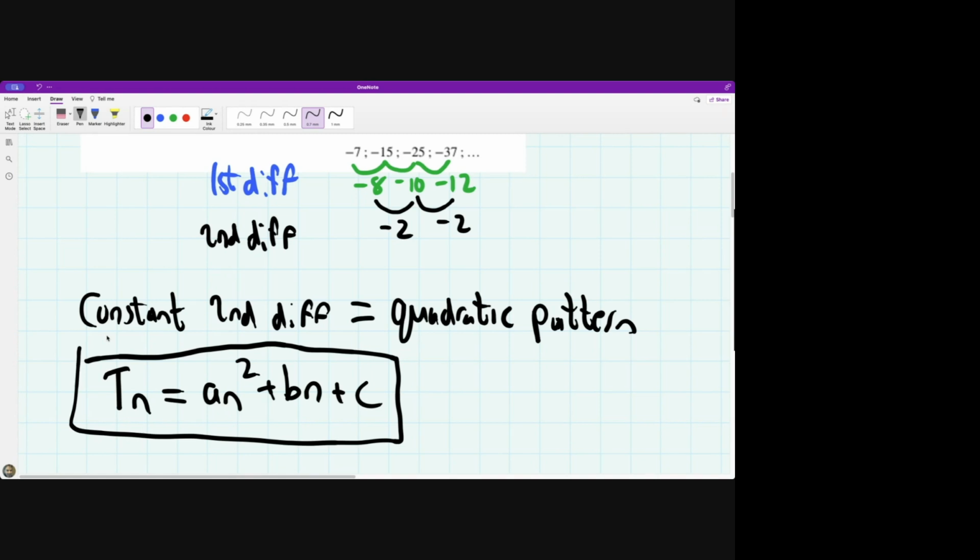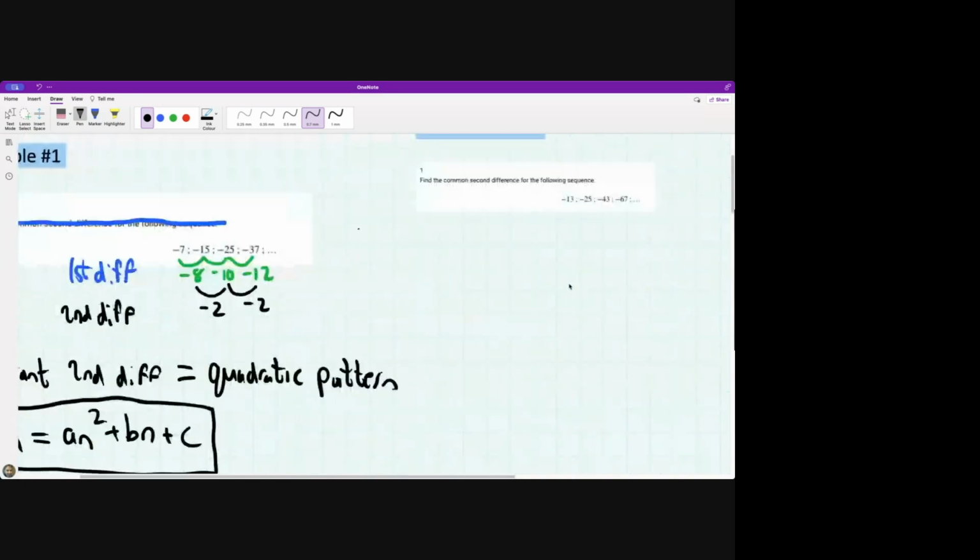Who sees some similarities? It looks like a trinomial. Yep, a trinomial. Or we could say it looks a little bit like the quadratic formula, except instead of these being x's, they're n's. Yeah, quadratic formula, quadratic equation, functions, exactly. So there is some relationship. We're going to get to that, but for now, we're just getting comfortable with this new type of pattern.